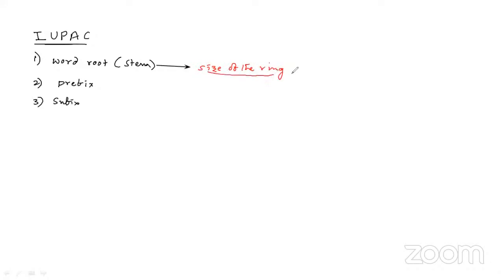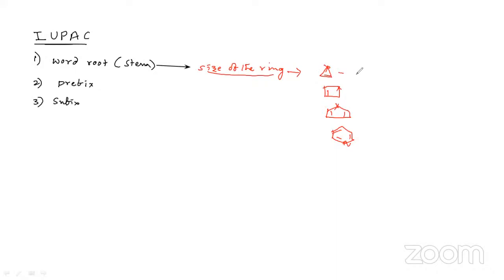Size of the ring means the cyclic system, whether it is 3-membered or 4-membered, 5-membered system or 6-membered system, and 7-membered heterocyclic systems. It gives information about the size of the ring, right?